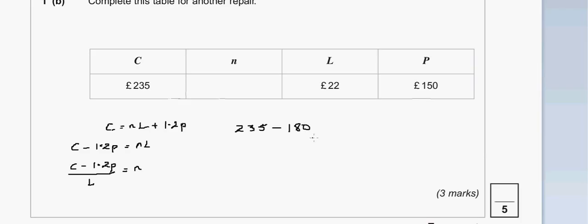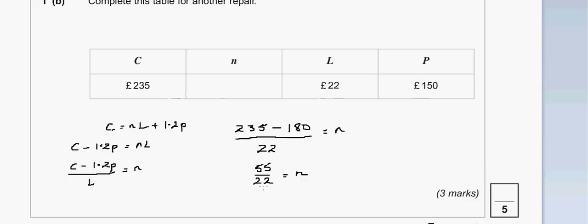Okay, and this is going to be divided by L, and L is 22, so we have 22, and this will equal N. So now it's just arithmetic, so 180 taken away from 235 will give me 55 divided by 22, and that will equal N.